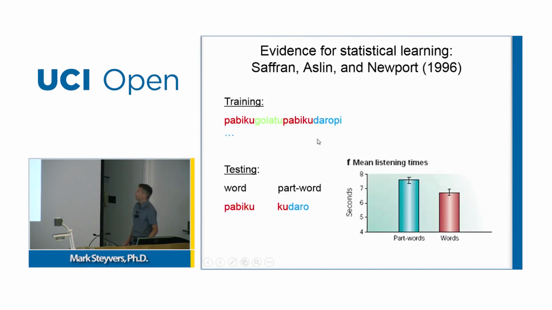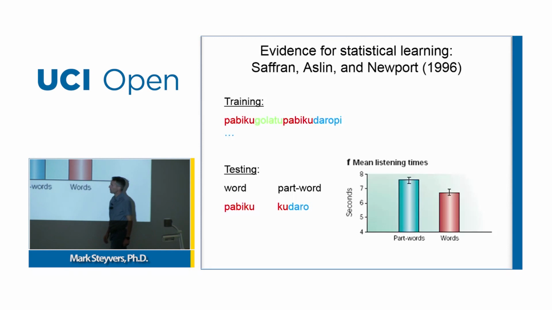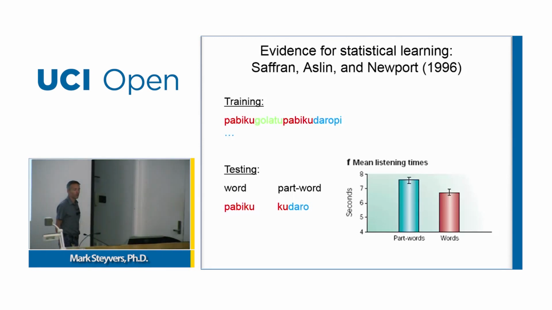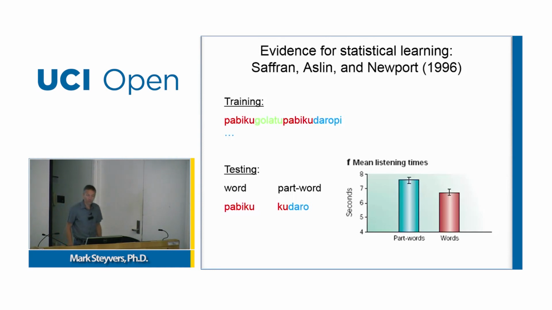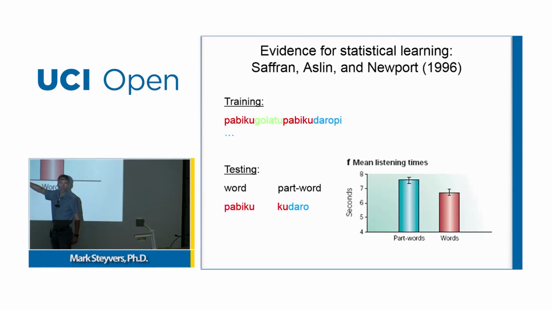Now the results show that these kids were far more interested in listening to these part words than these whole words. So for pabiku, the mean listening times were shorter than the listening times for these part words.